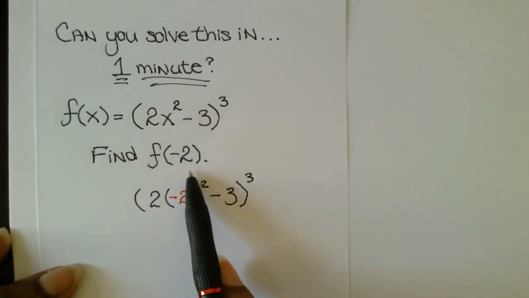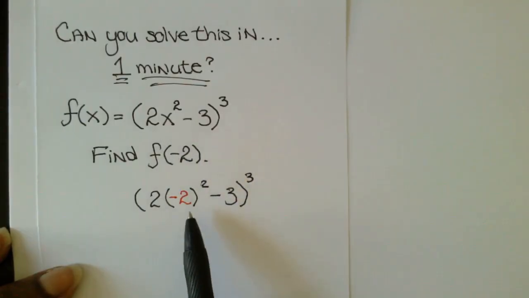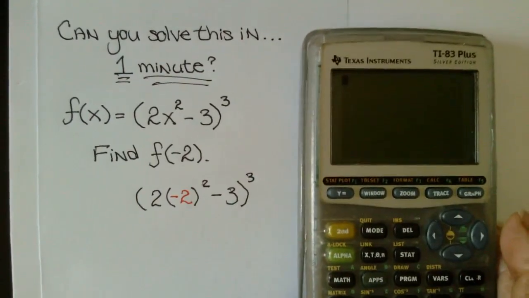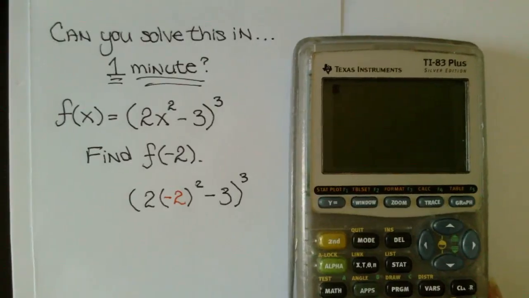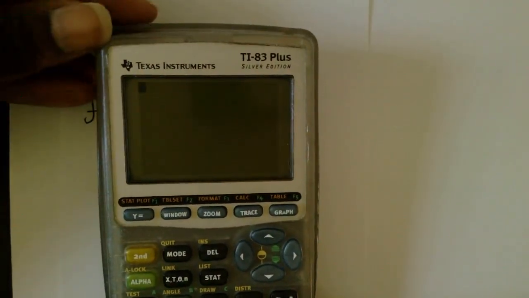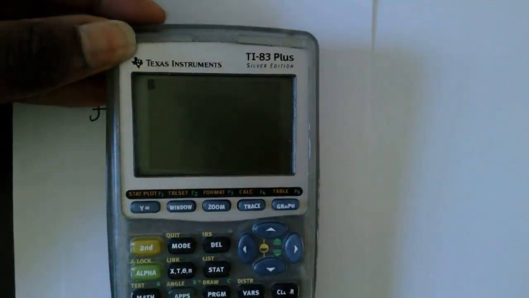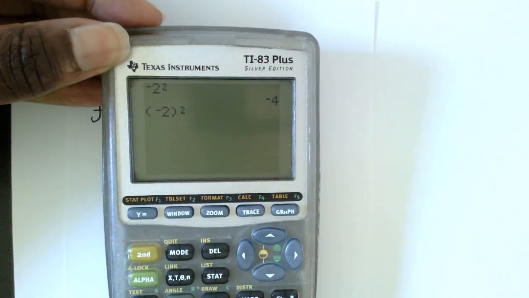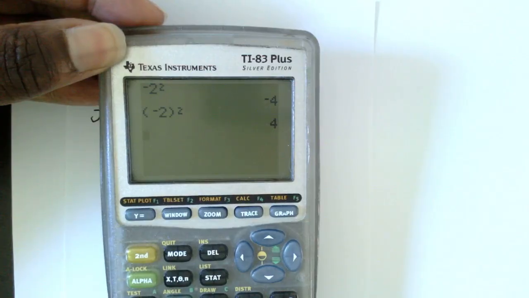Every time I'm plugging in a negative number for a variable, I always put parentheses around it. Because if you use a calculator and type in -2 and square it, versus putting parentheses around that -2 and squaring it, you get 2 different answers.